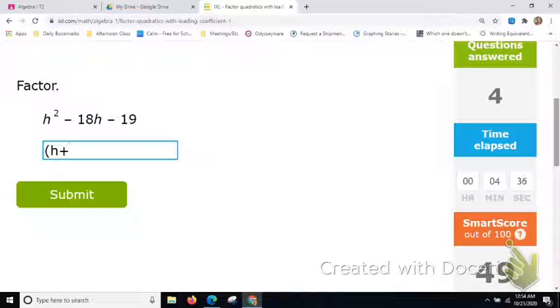What would multiply to be 19, but subtract to be 18? Well, 19's prime, so 1 and 19 are our only choices. So a positive 1, and then a negative 19. So if you add those together, including the signs, you get negative 18. If you multiply them, you get the negative 19.